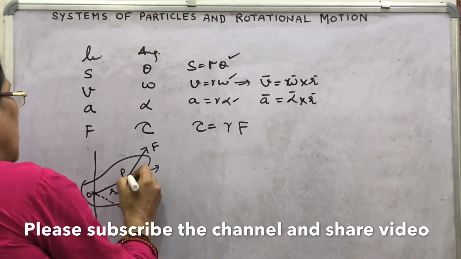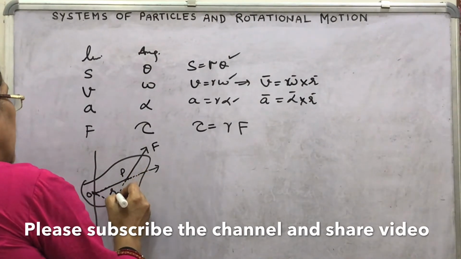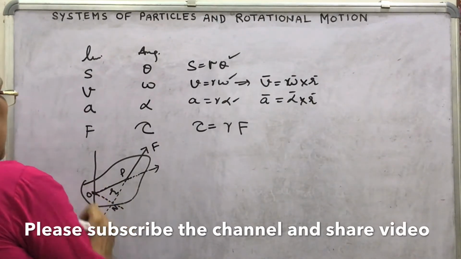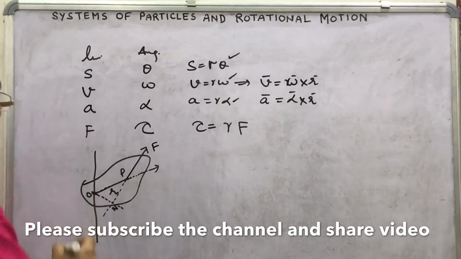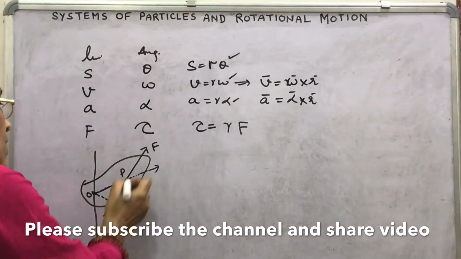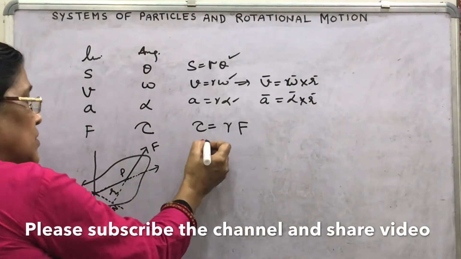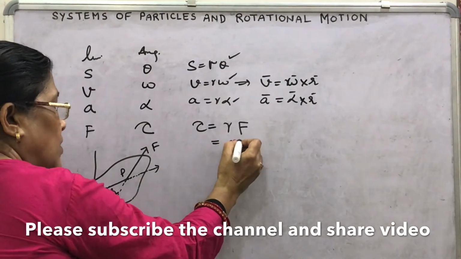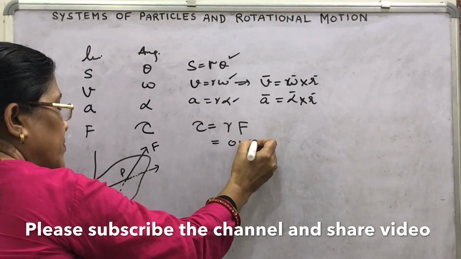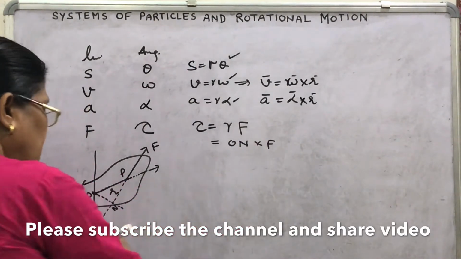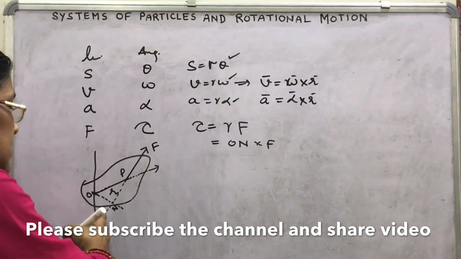Look, if you draw the line of action, then suppose this point is N, then ON is the perpendicular distance on the line of action from the axis. So you can write that torque is the product of ON and F. What is this ON?